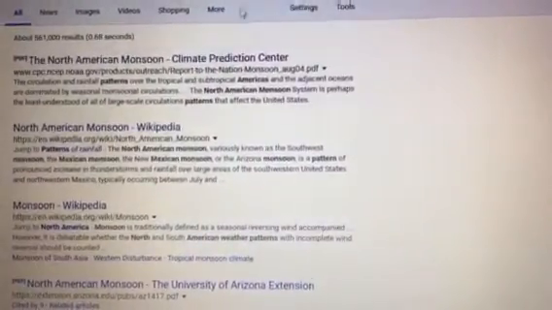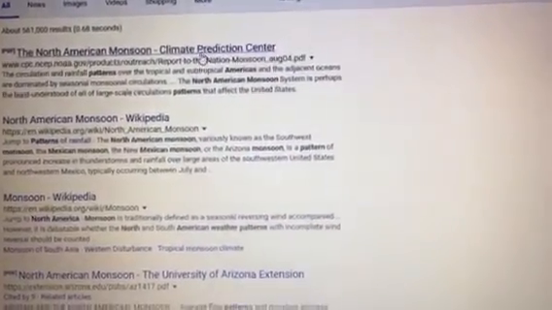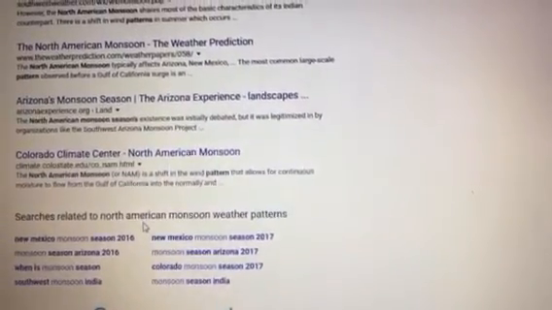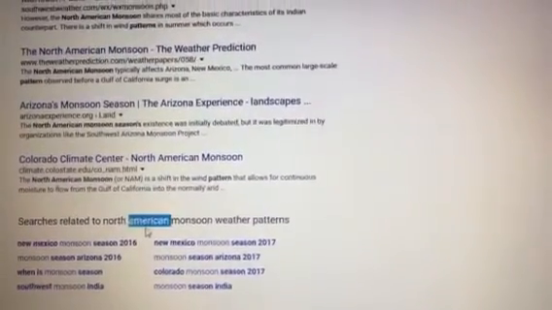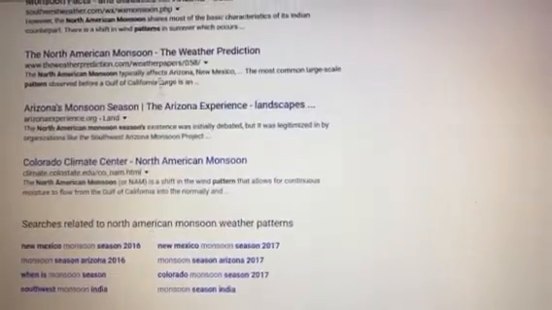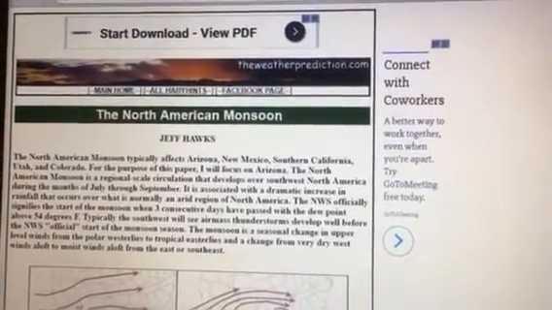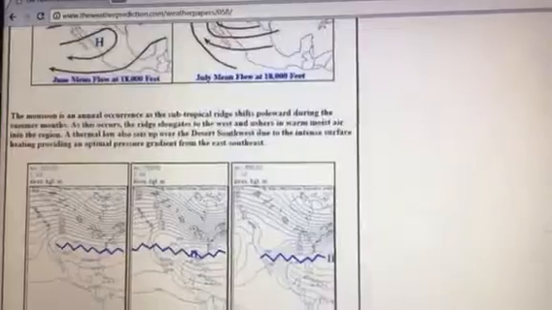You got the University of Arizona, which also has a great model that forecasts the monsoon on a yearly basis. Take a quick look here. There's different patterns that affect us over here. It's not all one pattern. There are several patterns that take place during the monsoon season.